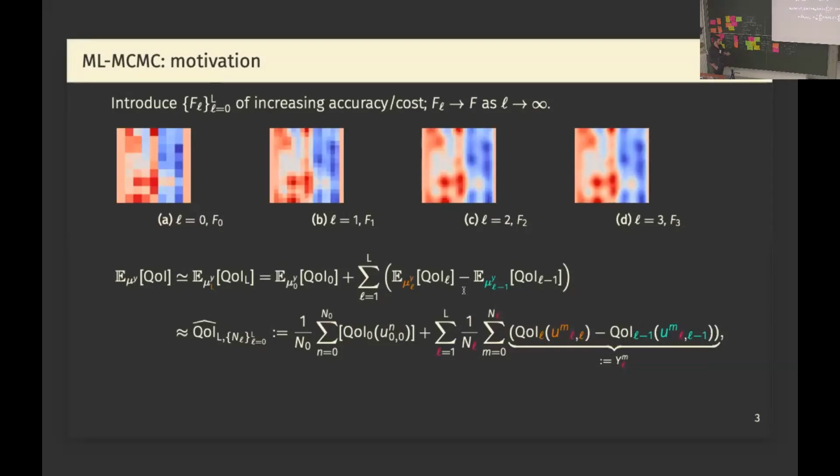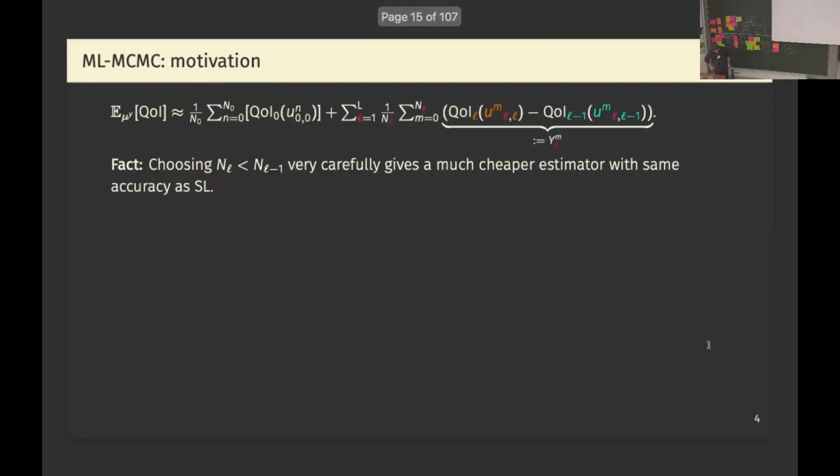Okay, and once we have written this expectation in terms of this telescoping sum, we can estimate each of these terms in terms of their ergodic estimators, where again, the samples from these orange terms here are samples from posterior mu^y_L, and the samples from these blue terms here are samples from posterior mu^y_{L-1}, which are measures that look kind of like each other, but that are not exactly the same.